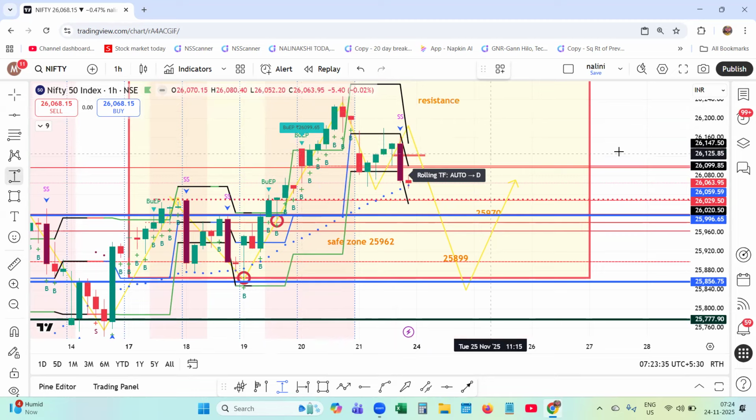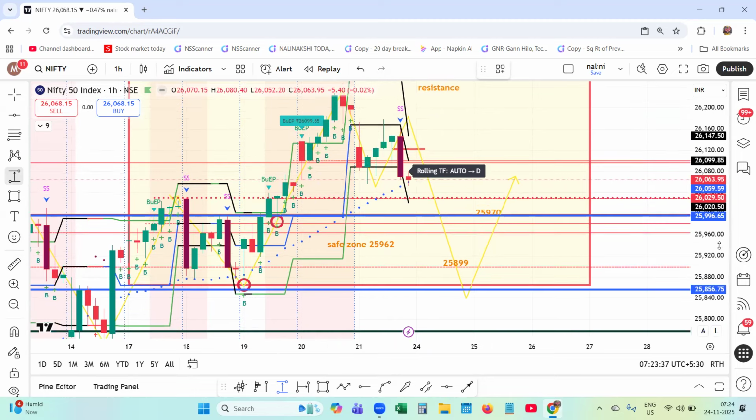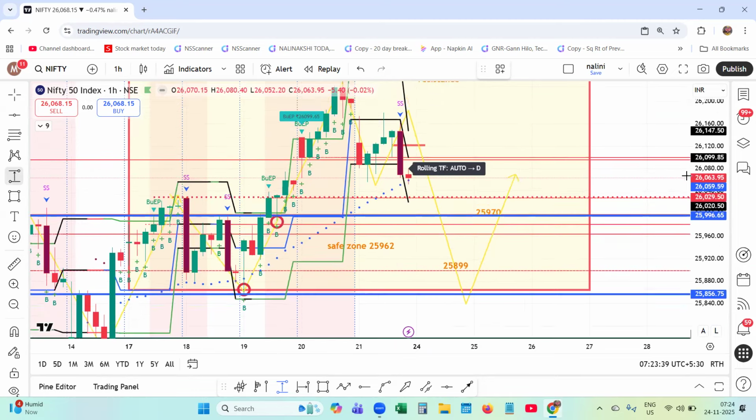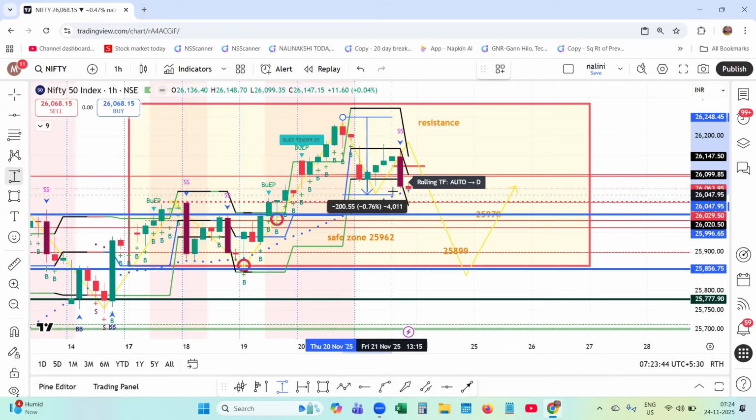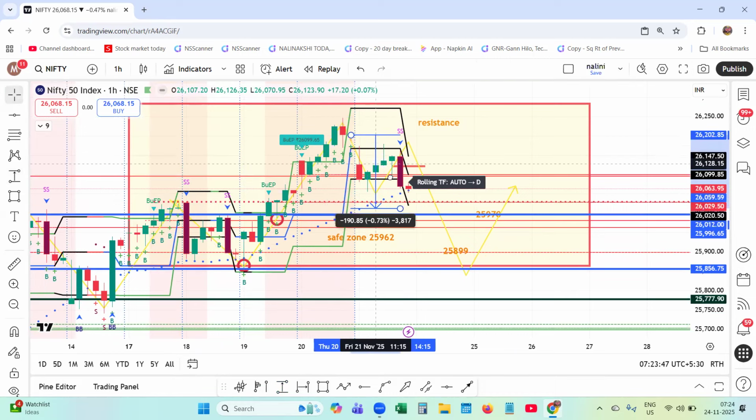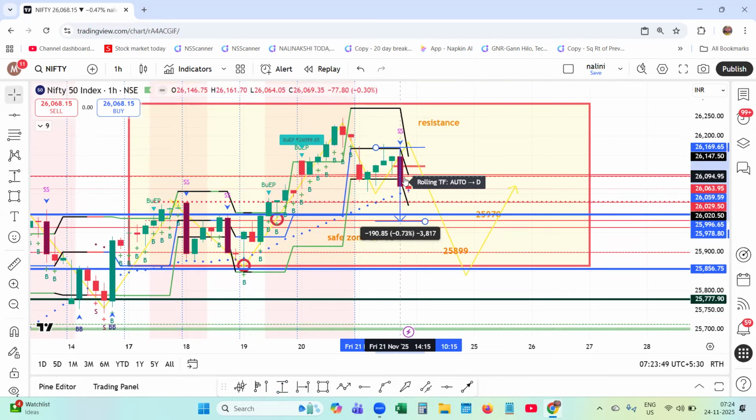The direction of the market is clear for the time being, and let me take the measured move, how much it can come. From here to here, the measured move will be just beneath this pivot, 25,980, and then the market may try to break, or it may face resistance at this level.